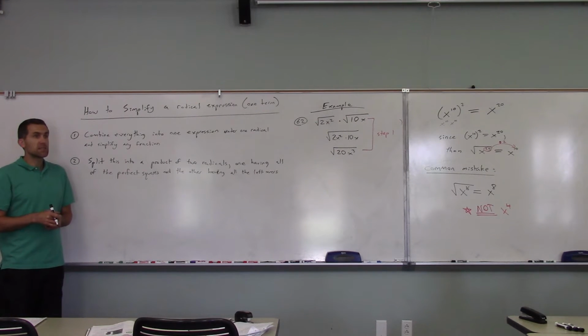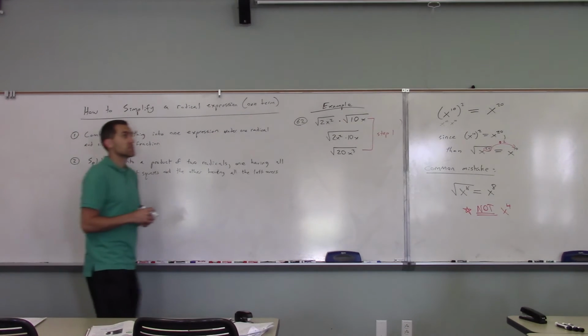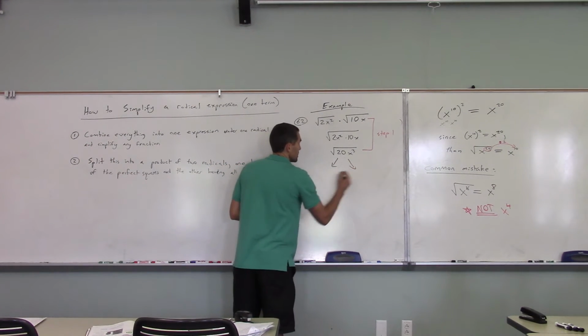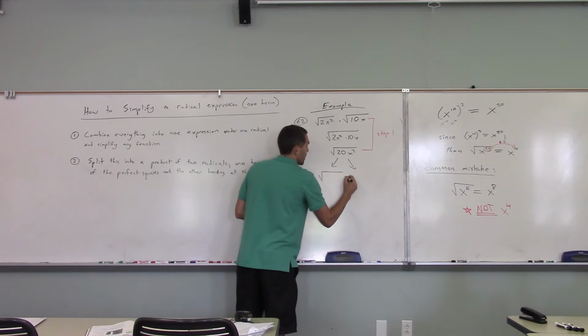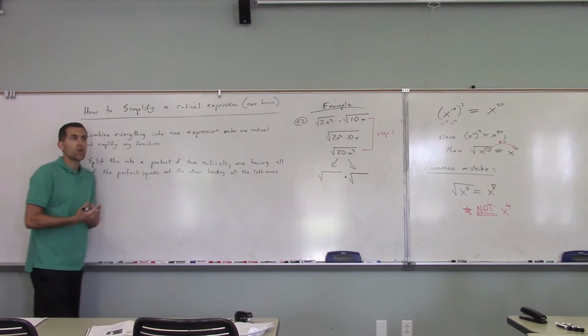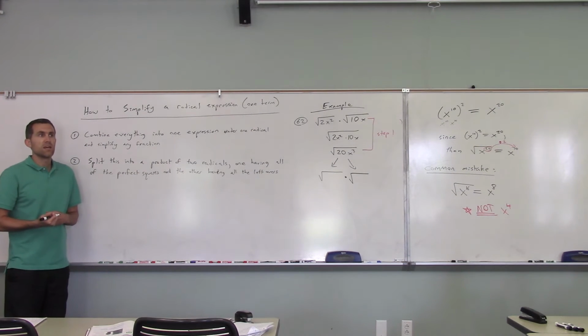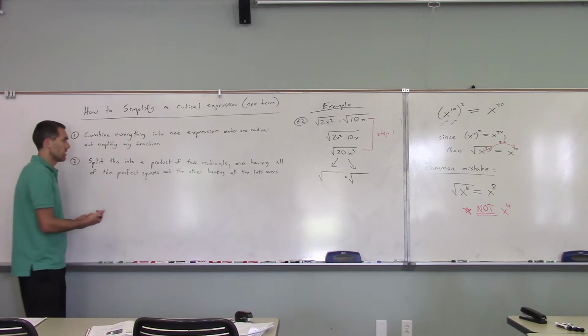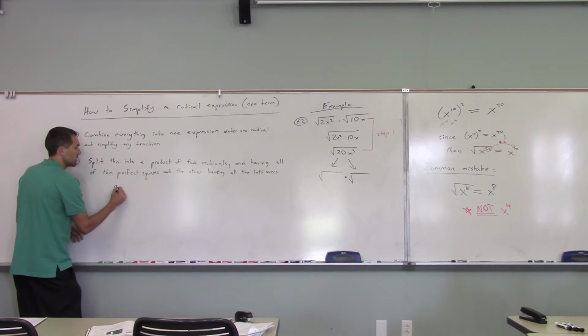We need to split this into perfect squares times leftovers. So I'm going to split this into one radical times another radical, and I'm specifically moving all of my perfect squares to one side and all of my leftovers to the other. For numbers this is easy.